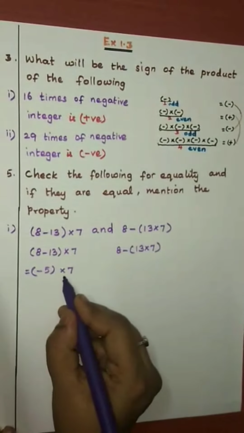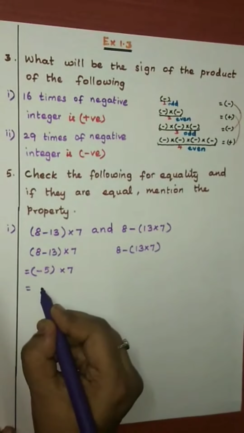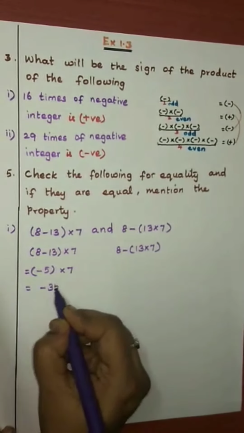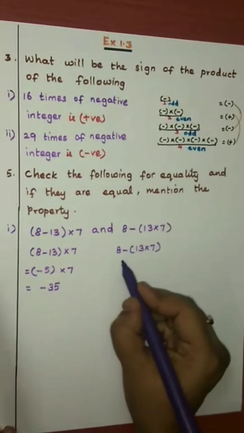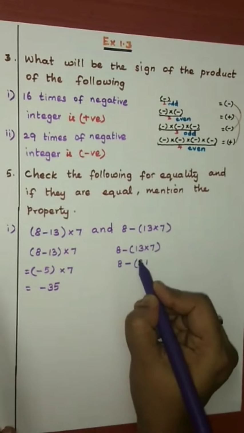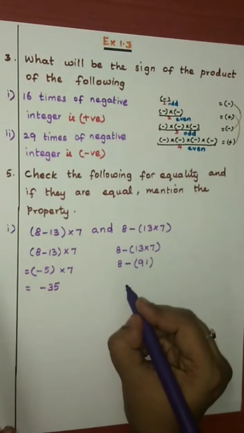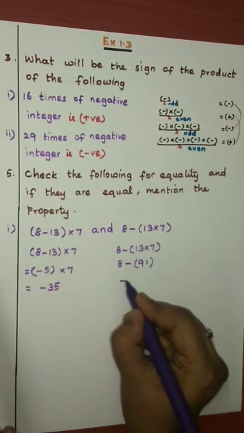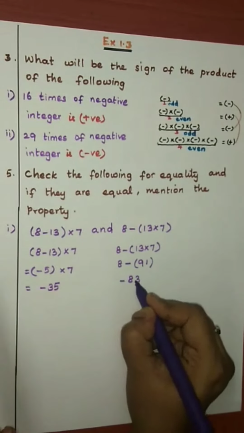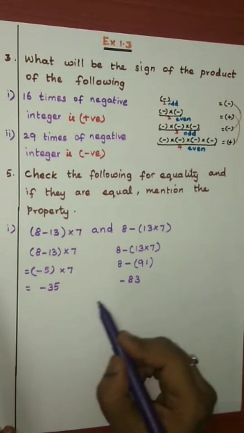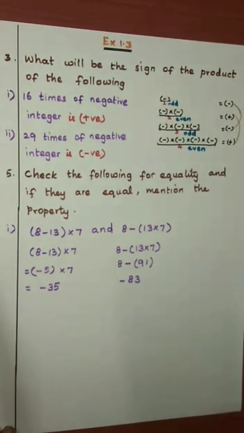So minus 5 into 7 is equal to minus 35. Right side. 8 minus 13 into 7, 91. So 8 minus 91, minus 83. Are they equal? No, they are not equal.